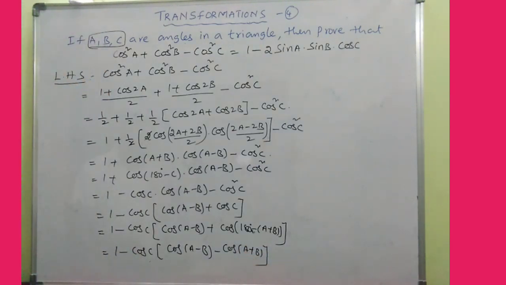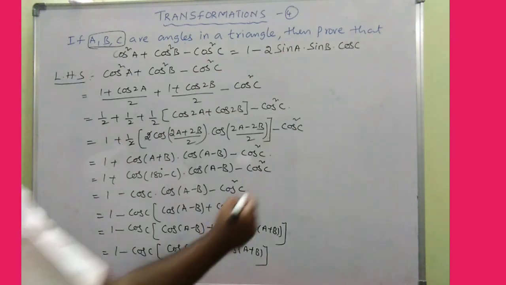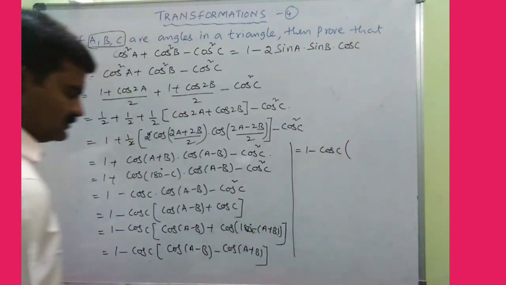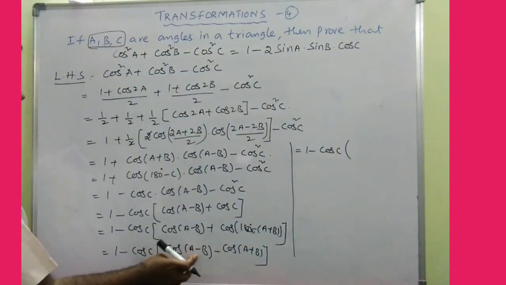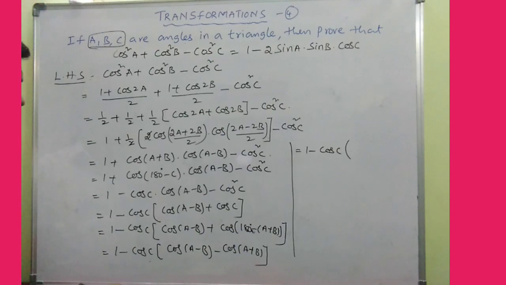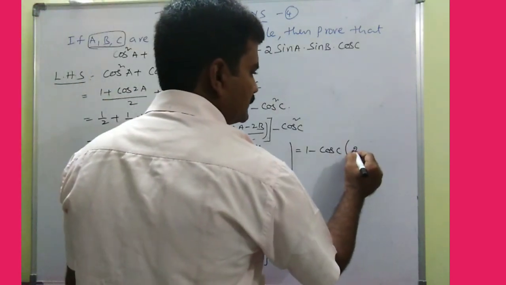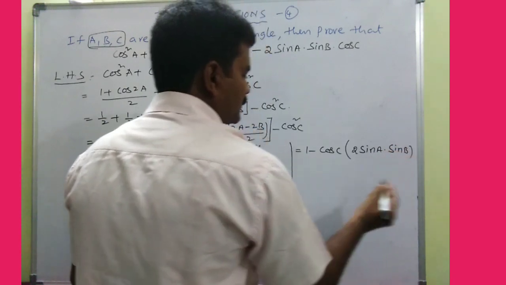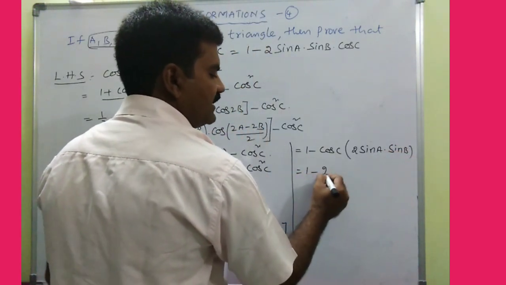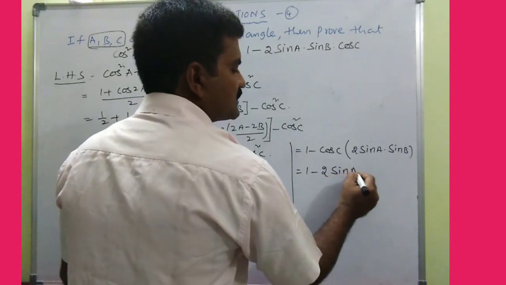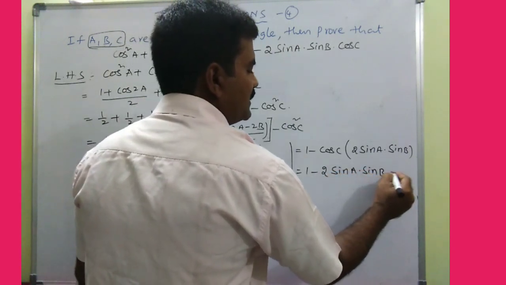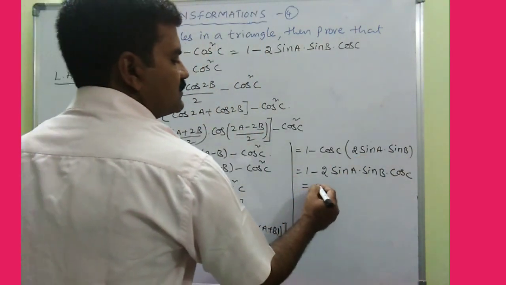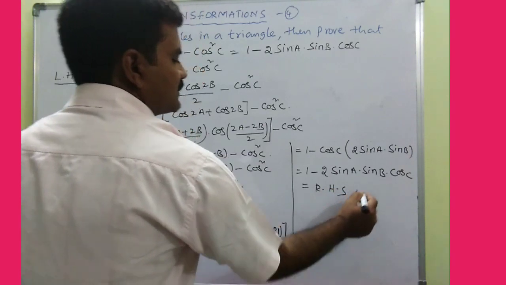So what is that? I think 2 sin A sin B, isn't it? So this is equal to 1 minus cos C into the value of cos of (A minus B) minus cos of (A plus B), which is 2 sin A into sin B. So after multiplication we get 1 minus 2 sin A into sin B into cos C, which is equal to the RHS.